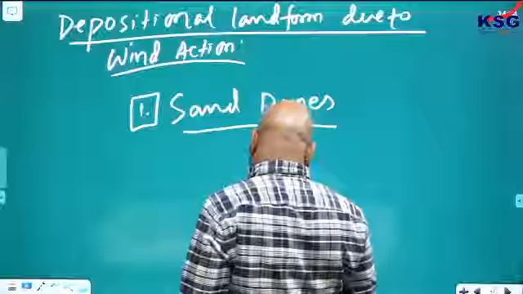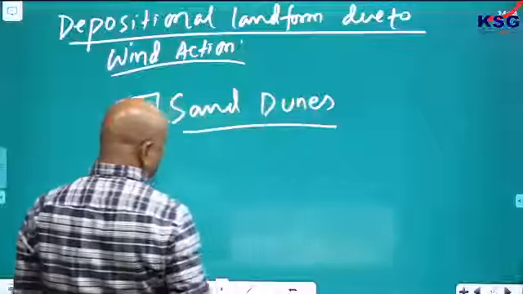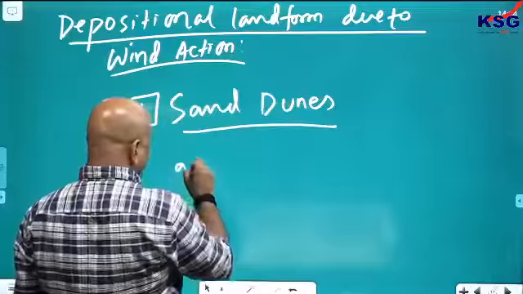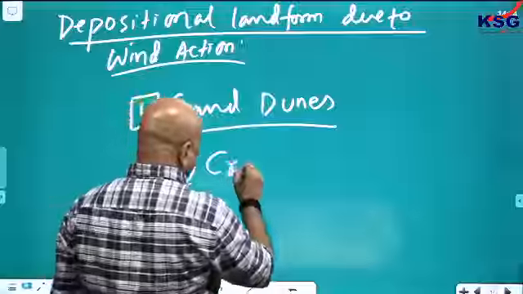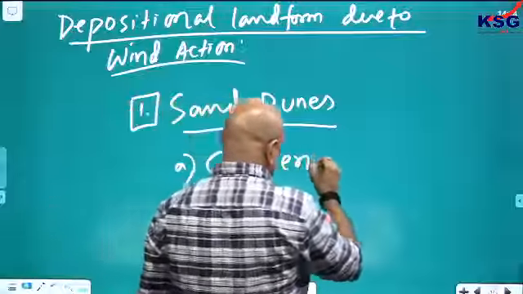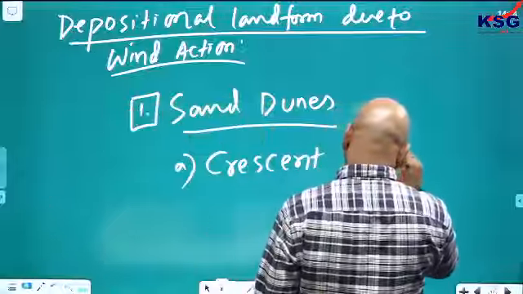Sand dunes are of different types. We have crescent shaped dunes.